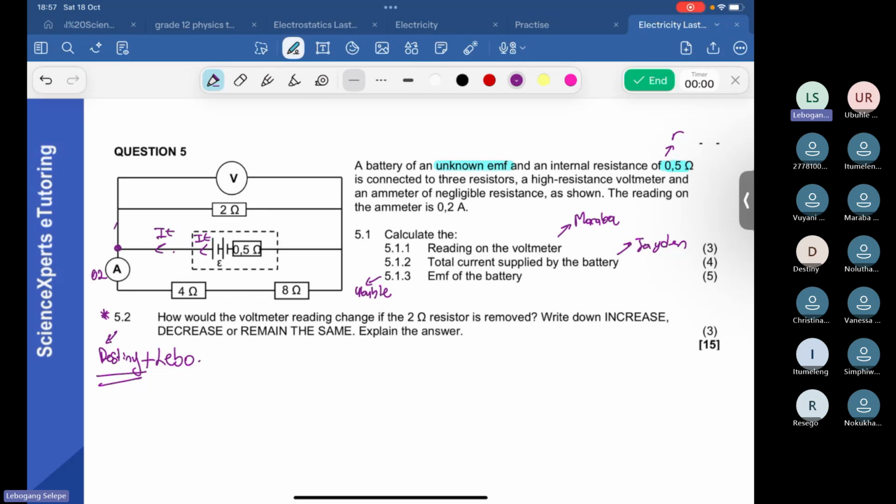Some of it would go up there, you can call it I1. Some of it would go down there, you can call it I2, right? So I2 would pass through this branch, meaning that the 4 ohm resistor would receive I2, the 8 ohm resistor would receive I2, and they gave us the value of I2 as 0.2A. So we know that here would be 0.2A, also here would be 0.2A.